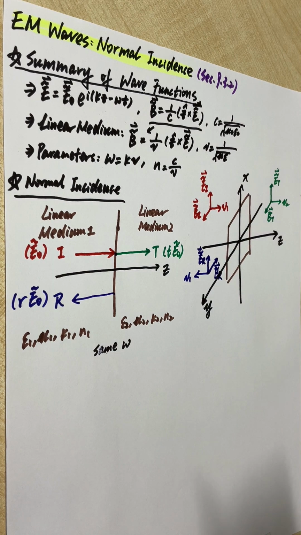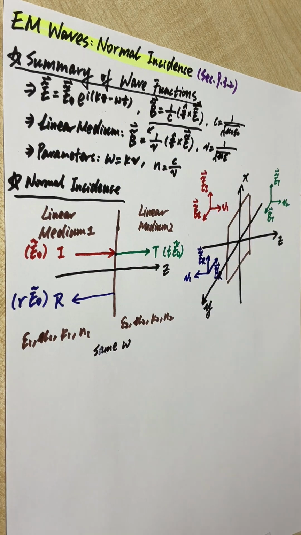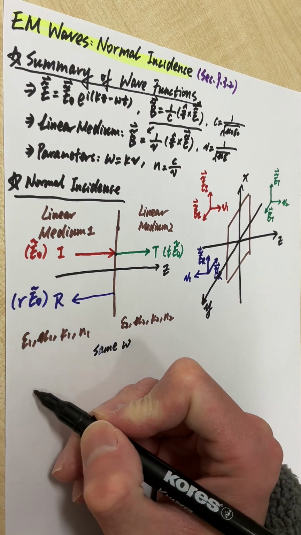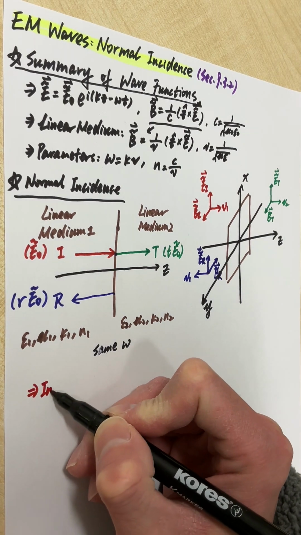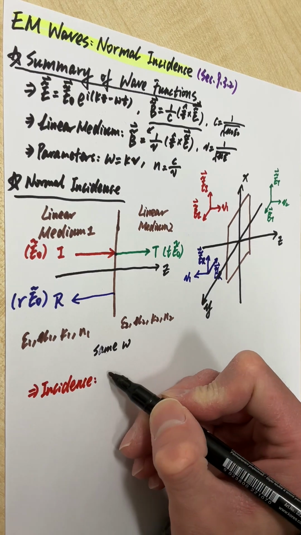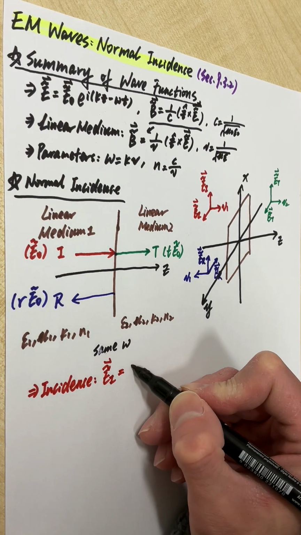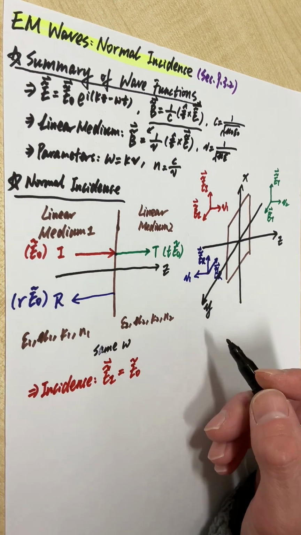Now we are ready to write the wave functions for all three waves. First of all, we have the incidence. I have EI equals some magnitude E0.